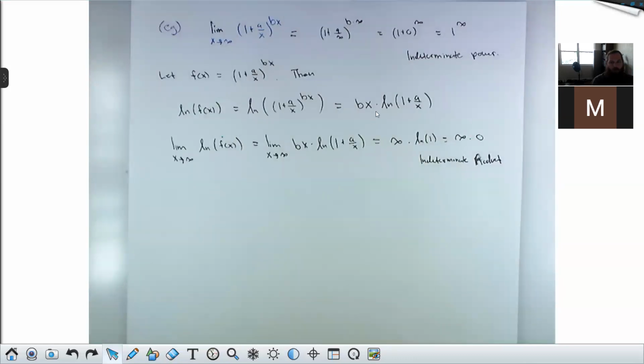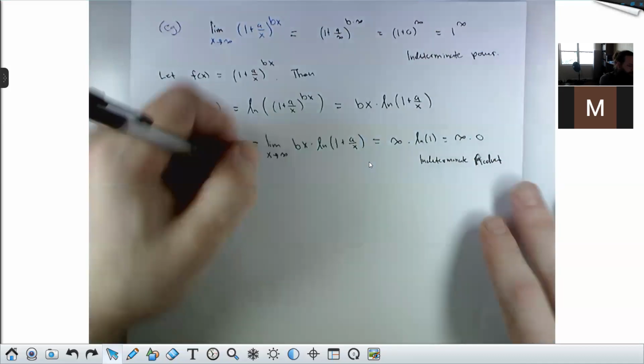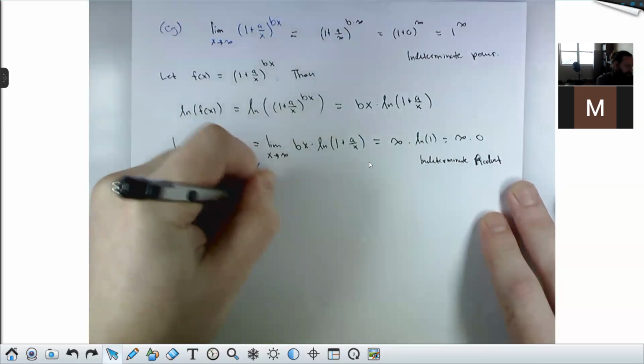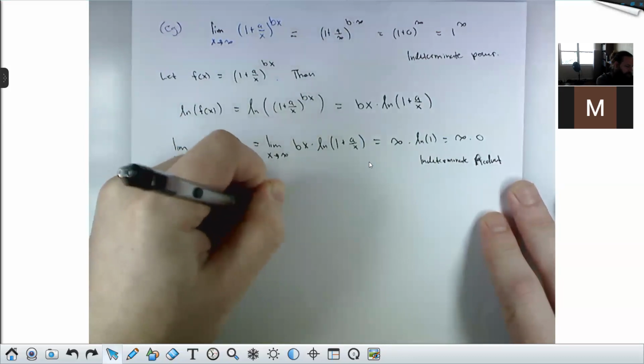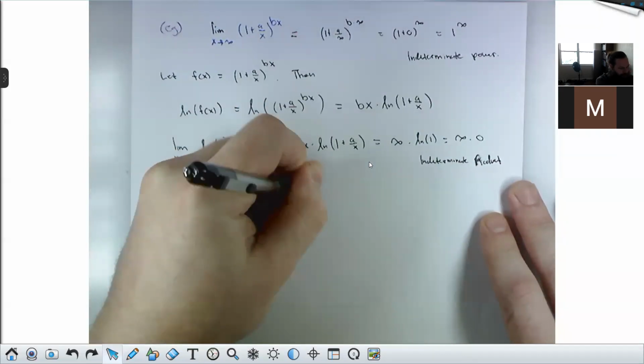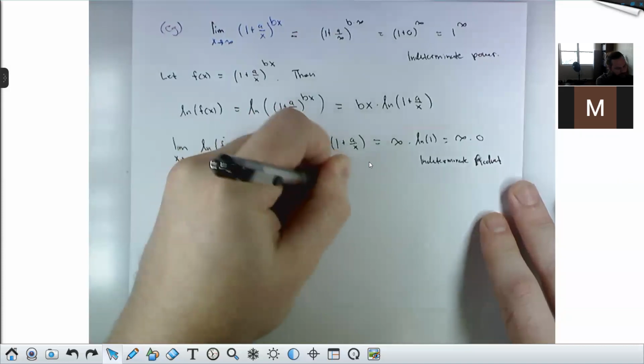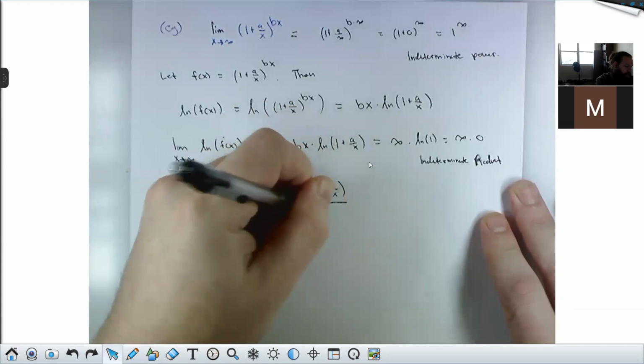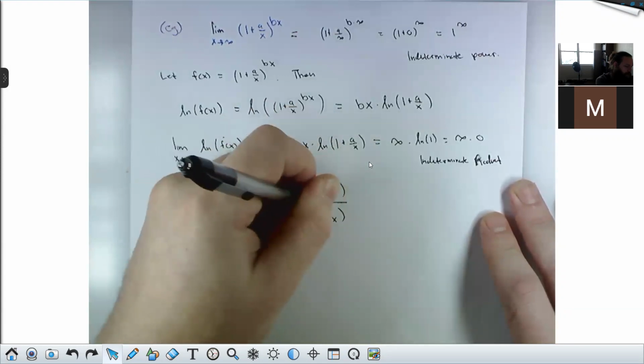So we've gone from an indeterminate power, 1 to the infinity, to an indeterminate product, infinity times 0. And the next step from here is just going to be to do a little bit more algebra. I'm going to take this expression and rework it from here. This is equal to the limit as x goes to infinity of the natural log of 1 plus a over x divided by 1 over bx.